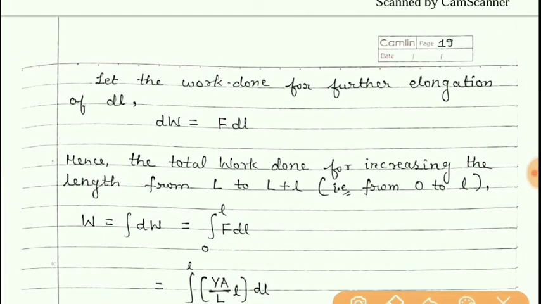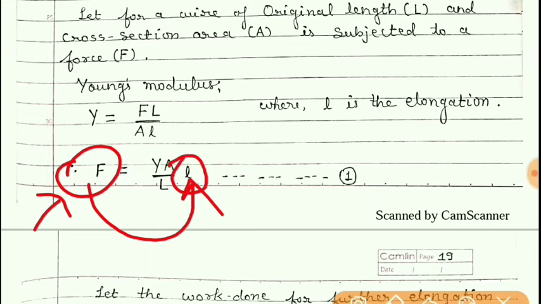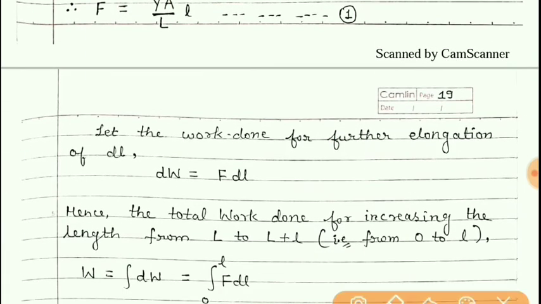Now, the work done for further elongation. Already we know that suppose some force is applied, and for this force the elongation is l. Now, if a further force is applied, that means if the force is increased by a little, then this length will also increase. So here it is written that the work done for further elongation dl, that means the small change in the length.